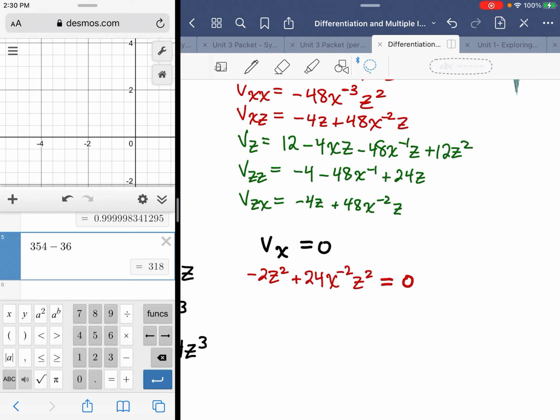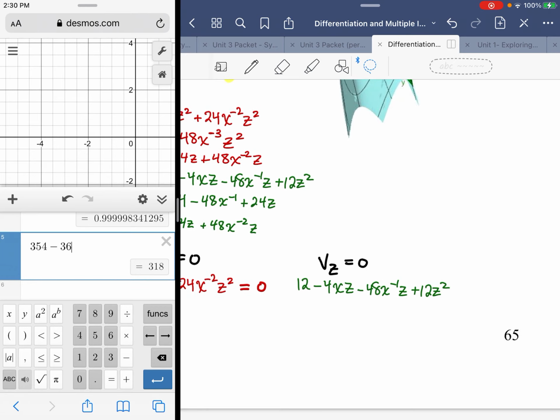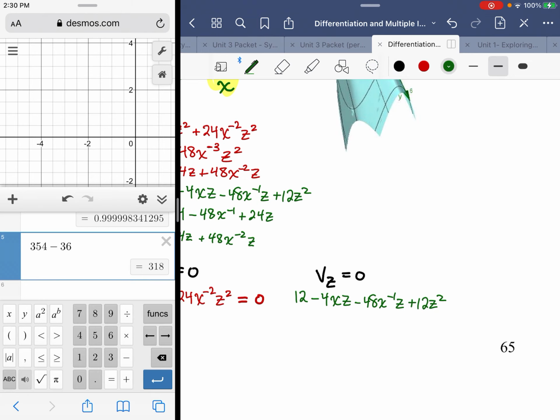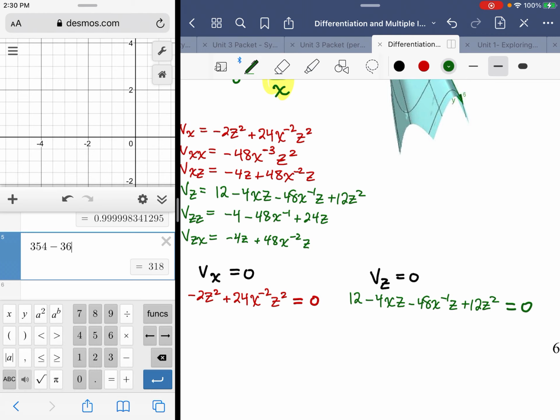And then v sub z also going to be set equal to 0. All right, so a little bit of work ahead of us algebraically, but at least it's algebra. We can handle algebra. It's just going to take some doing.